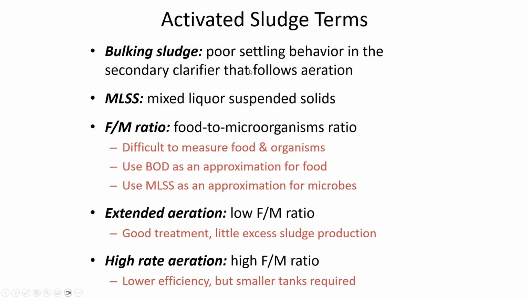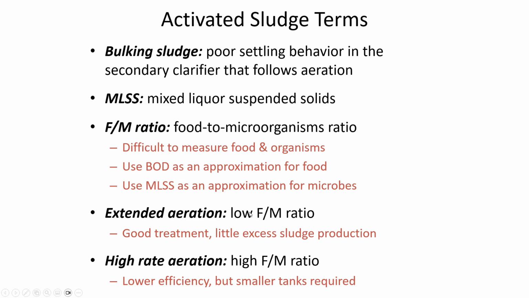Or if the sludge particles are so small that they're settling downward very slowly, then that would cause poor settling as well. We've talked about the F to M ratio and how important that is because it's our way of speeding up the treatment process. So at the two extremes of F to M ratio, at one end we call extended aeration, when we have a low ratio of food to microorganisms. That means a lot of microorganisms and we're kind of starving them a little bit.